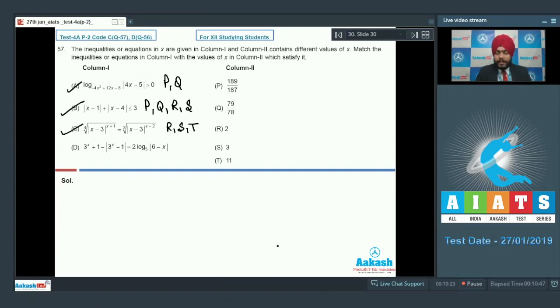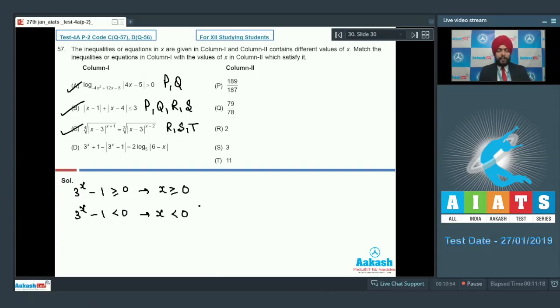D part says that 3 raised to power x plus 1 minus modulus of 3 power x minus 1 is equal to 2 log of mod of 6 minus x to the base 5. We'll have to consider two cases, for 3 raised to power x minus 1 non-negative and for 3 raised to power x minus 1 negative. From here I have x is greater than 0, non-negative. From here I have x as negative. Okay.